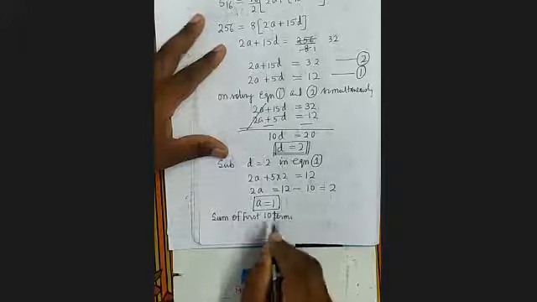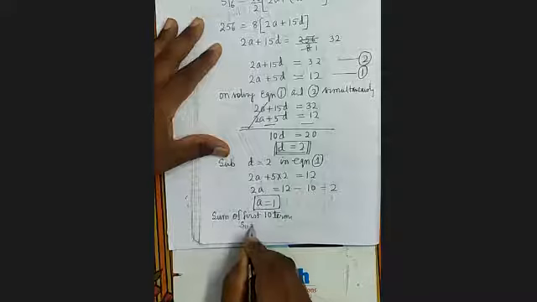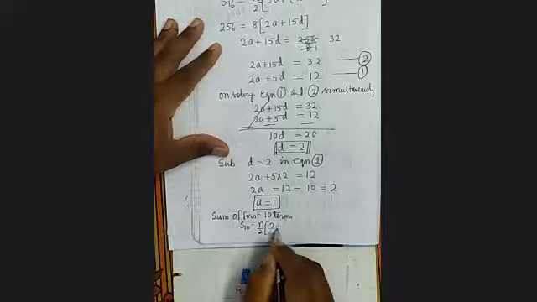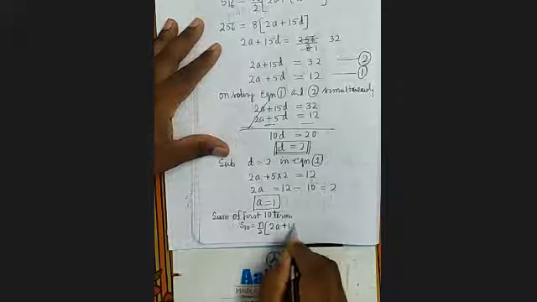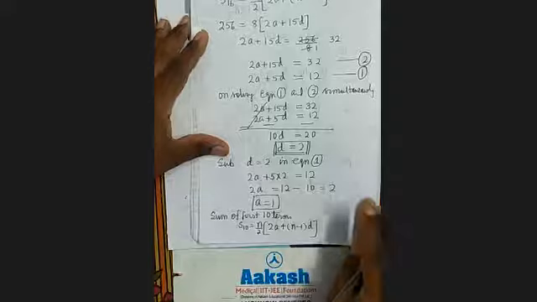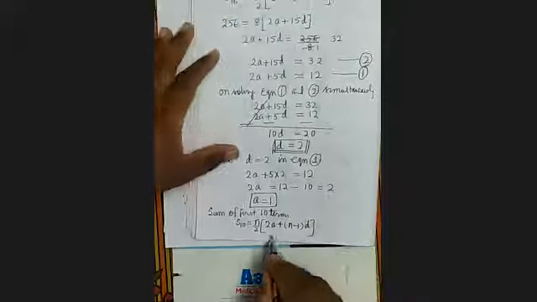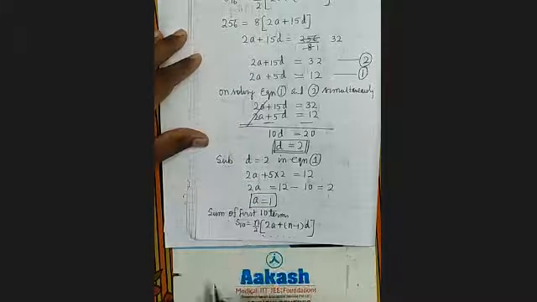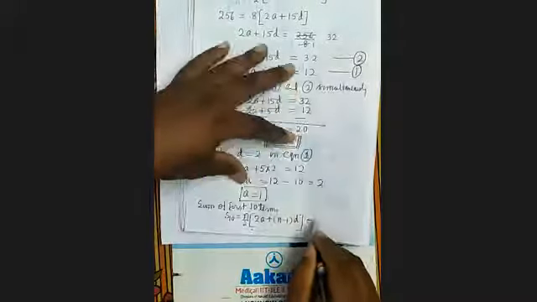It will be S10 equals n by 2 (2a plus (n minus 1) into d). So we can substitute and find. Now I am not doing further. It's clear what n will be here. n will be 10.